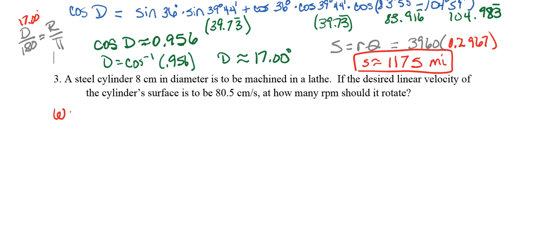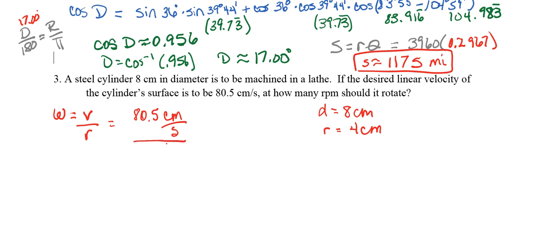So angular velocity is linear velocity over the radius. For our linear velocity, we have 80.5 centimeters per second. And our radius, since our diameter is 8 centimeters, would be 4 centimeters.